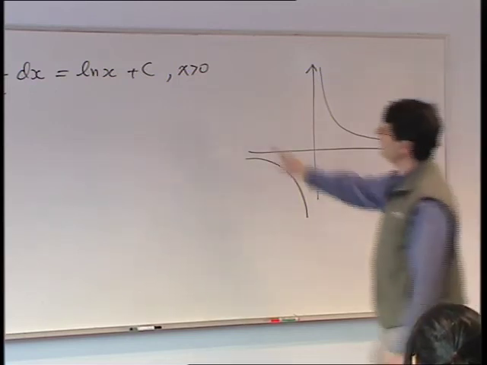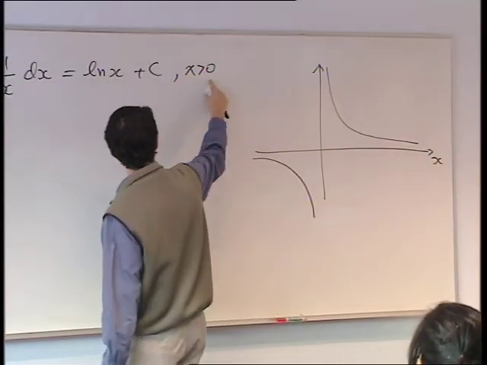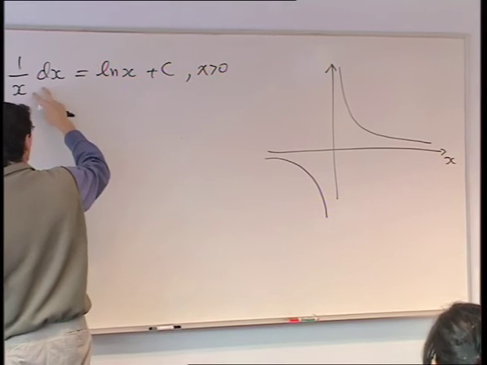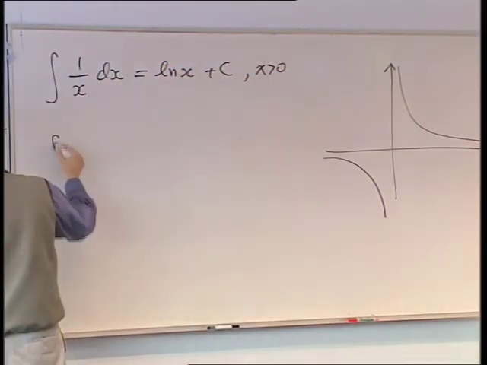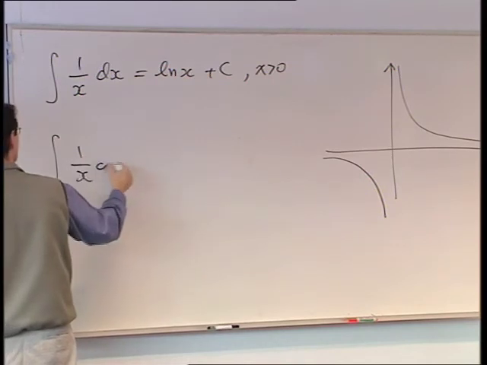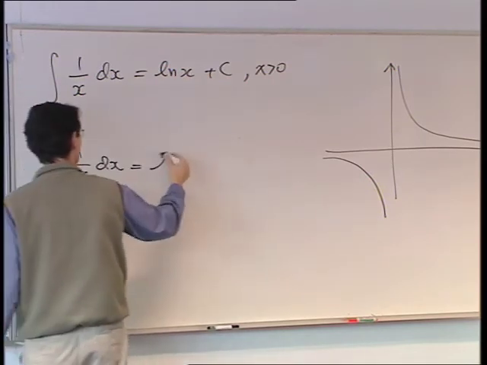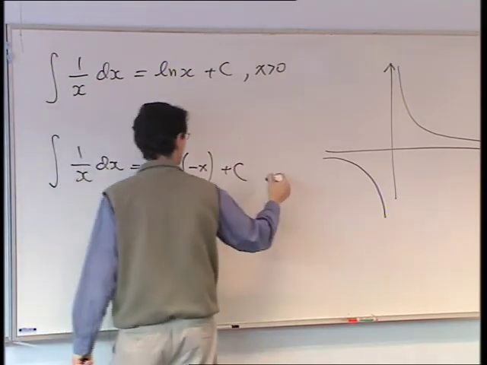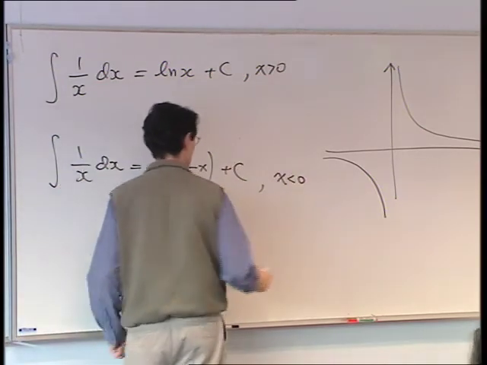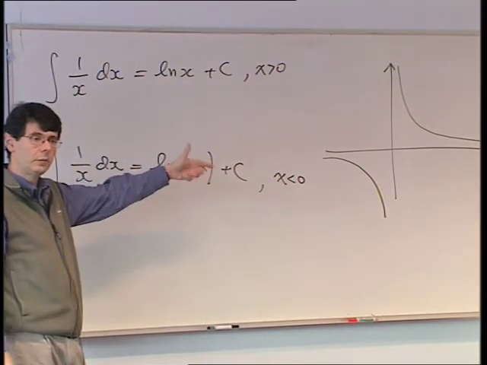So this is okay if x is positive, but what is the formula if x is negative? What's the integral of that guy if x is negative? And it turns out that if x is negative, from the symmetry of the picture, okay?